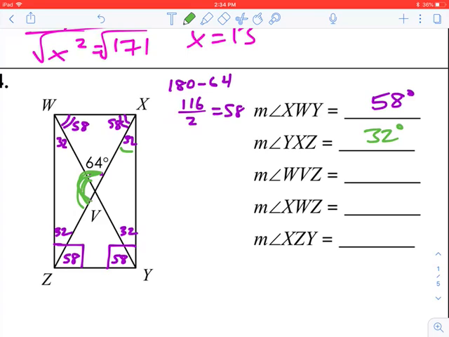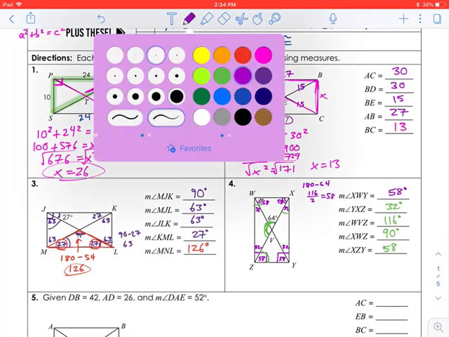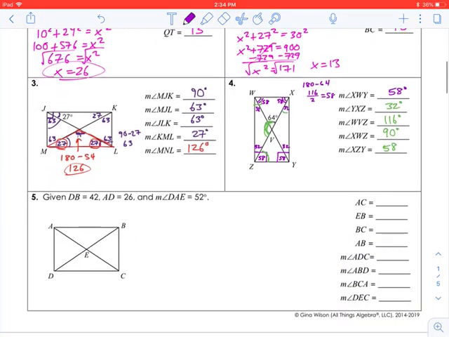That makes 180, so that'd be 116. XWZ is the whole angle. That's 90, obviously. And then XZY is right here, which is 58 again. Okay, so that's how you're kind of looking at these angles as you go.